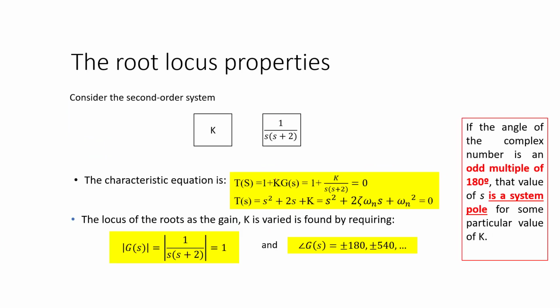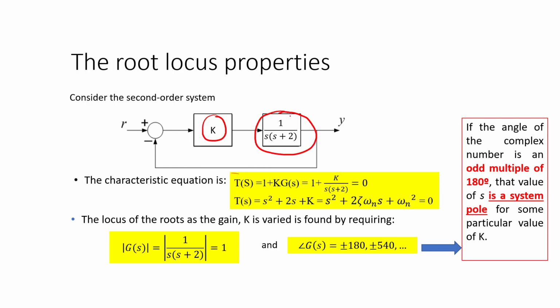Okay, so the root locus properties. Now let's consider the second order system. This is the gain and this is the open loop function. The characteristic equation of this closed loop system is given as this one. This is the denominator of the closed loop equation.